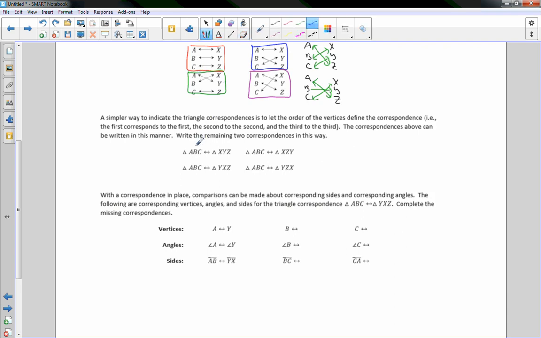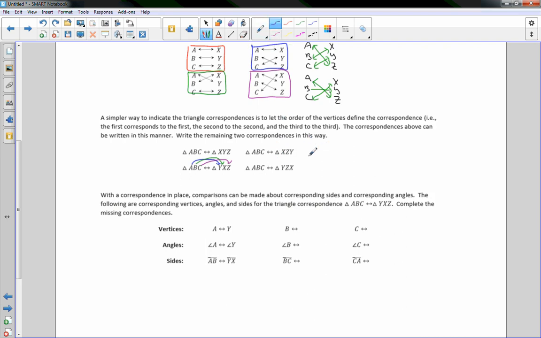A goes to Y. So that's where A is first, Y is first. B is second, X is second. And C is last, Z is last. So the order of the letters is the name of the correspondence.